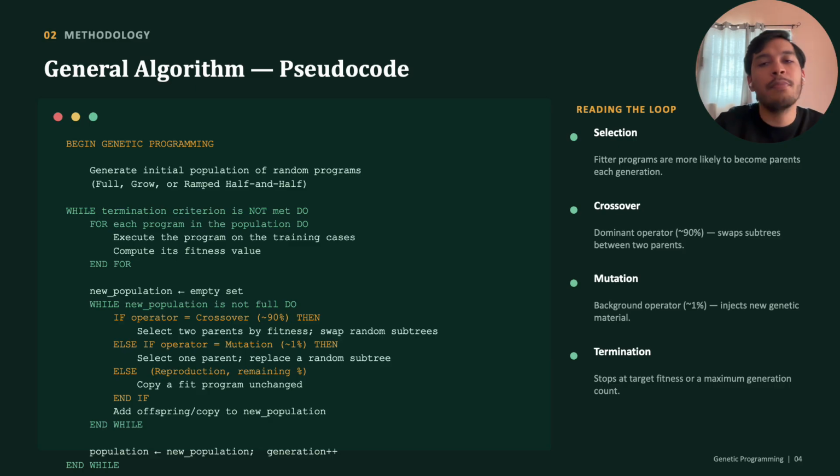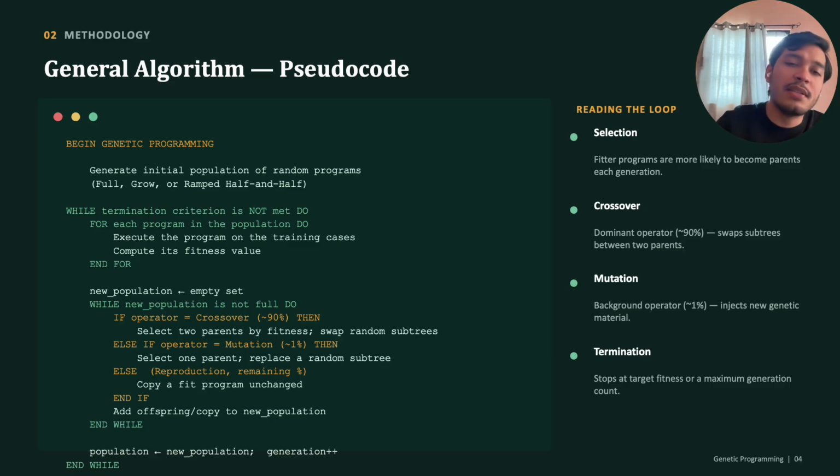We build a new population by repeatedly choosing one of three operators. About 90% of the time, we apply crossover, where we pick two fit parents and swap a random subtree between them. And then about 1% of the time we apply mutation, which takes one parent and replaces a random subtree with a freshly generated one.